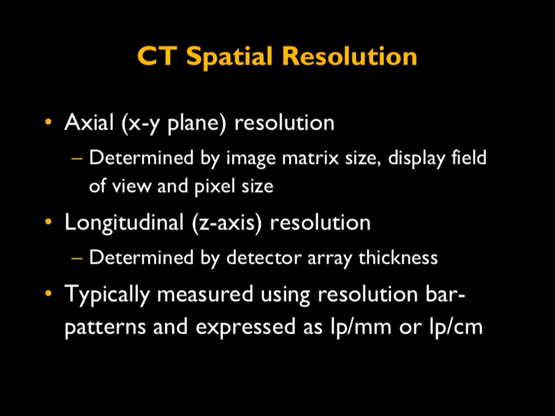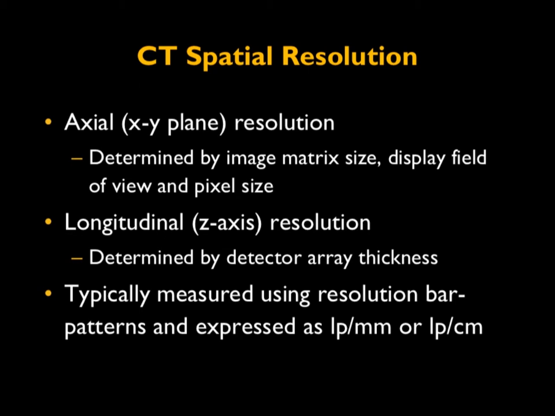In fact, the axial resolution in CT has been very high for a long time. The main driving force in the past 10 to 15 years is the improvement in the longitudinal resolution. That is determined by the detector array thickness.